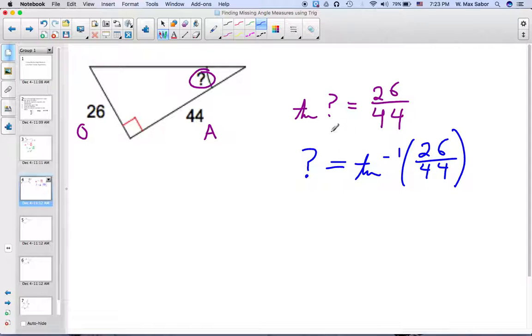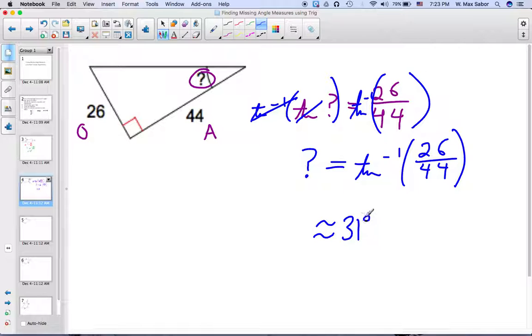So I took the inverse tangent of both sides. You can think of this as inverse tangent and tangent canceling out. They're inverse operations. Now we say 26 divided by 44, and then take the arctangent of it, and that's going to give me approximately 31 degrees.